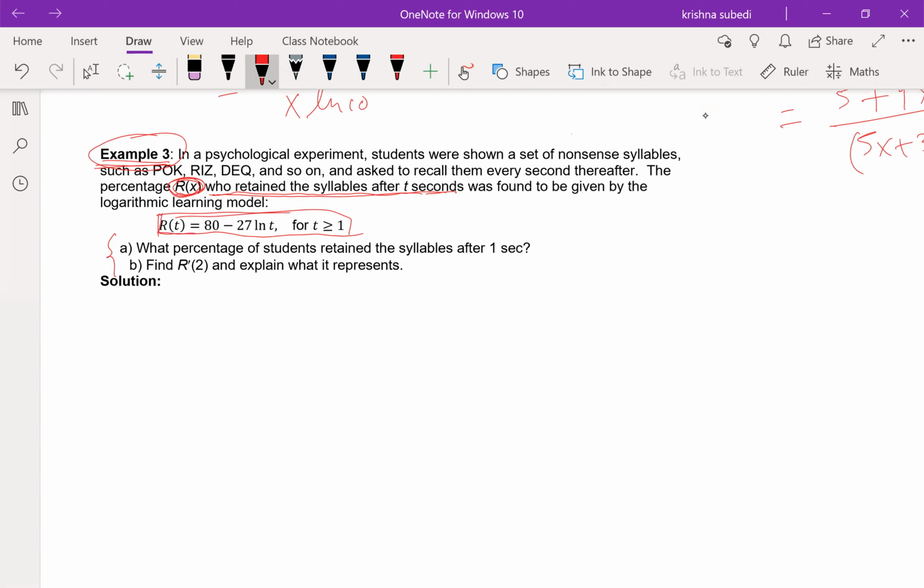Now in part A, we need to find the percentage of students who retain the syllables after 1 second. So given R of T equals 80 minus 27 ln T, for part A we need to find when T equals 1, because after 1 second means T equals 1.